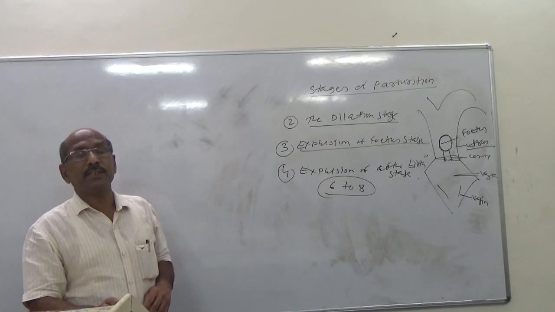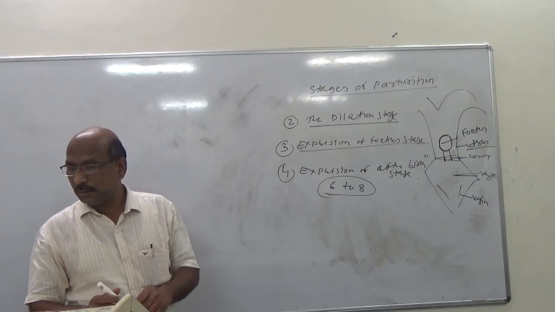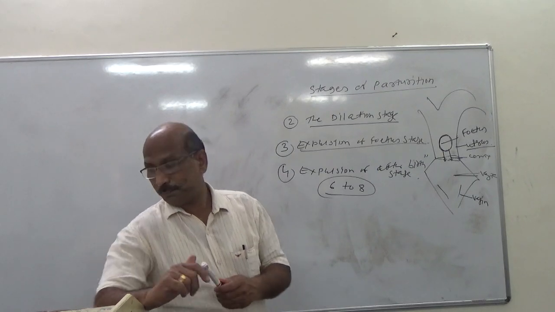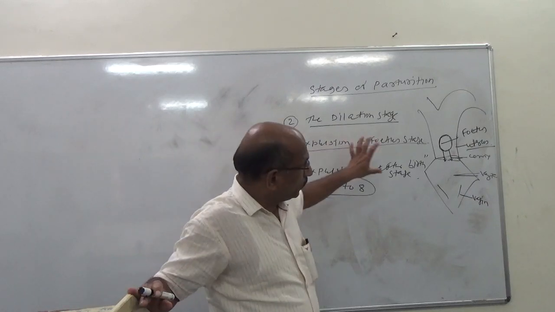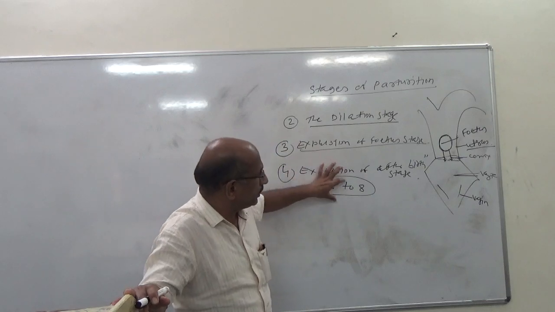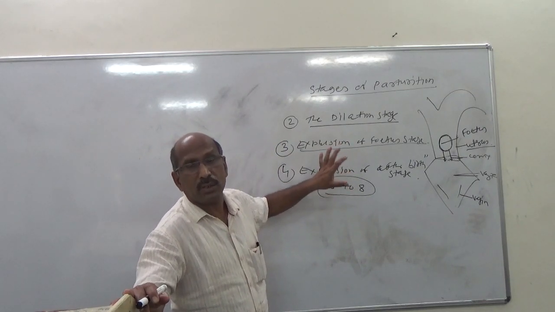In case it exceeds 8 hours, manual removal is advocated. So parturition generally occurs within 6 to 8 hours. It is the normal parturition or calving.